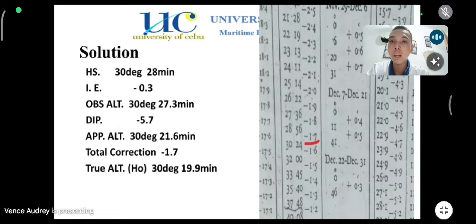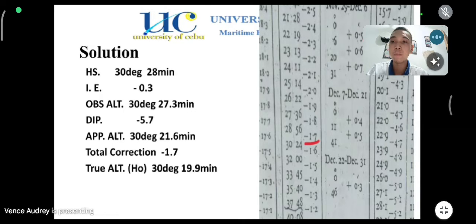For the total correction, we can get it in the nautical almanac. Since we have the apparent altitude of 30 degrees 21.6 minutes, we look at what it equates to in the nautical almanac. 30 degrees 21.6 minutes, as marked in the nautical almanac, equates to 1.7.